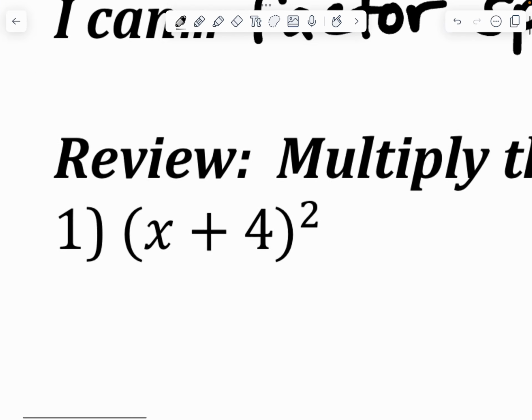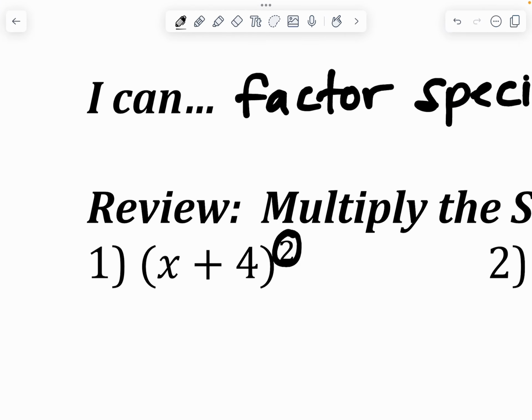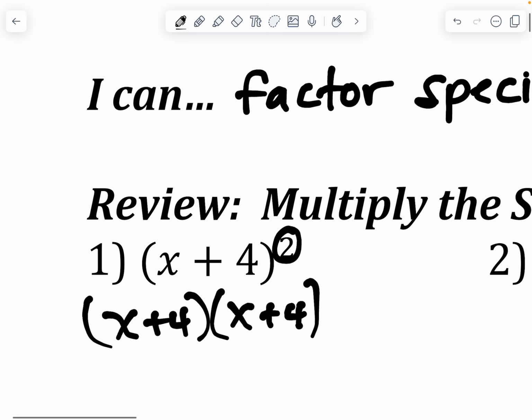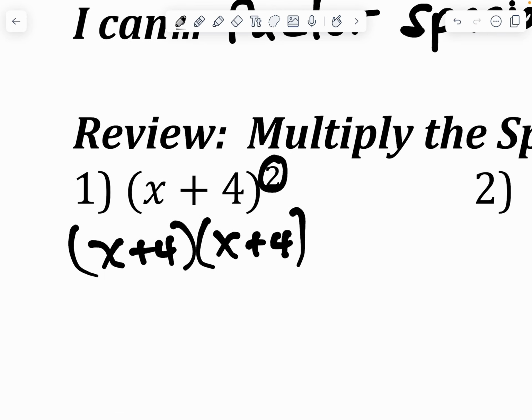So if we look at the first one, when we multiply, remember this 2 up here tells us that we have to write this thing twice, x plus 4 and x plus 4. Or if you remembered the pattern of x plus 4 quantity squared, you will be able to multiply it a little bit easier. If we didn't remember the pattern, remember we could FOIL this.